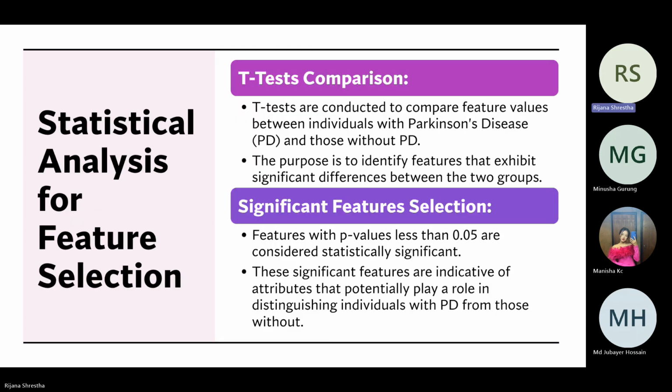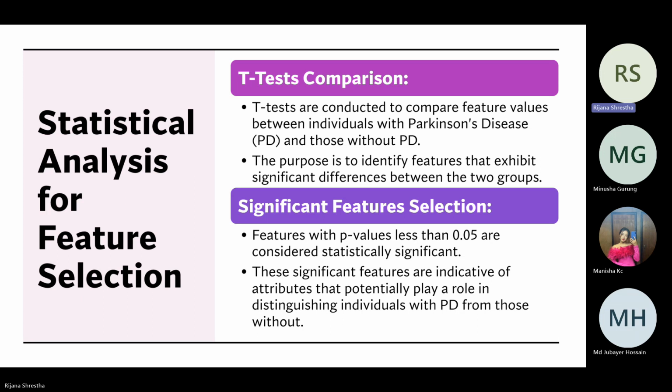Significant feature selection. After conducting the t-test, the code examines the p-values associated with each feature. The features with p-values less than 0.05 are considered statistically significant, and a p-value less than 0.05 suggests that the observed differences in feature values between PD and non-PD groups are unlikely to have occurred due to random chance alone.